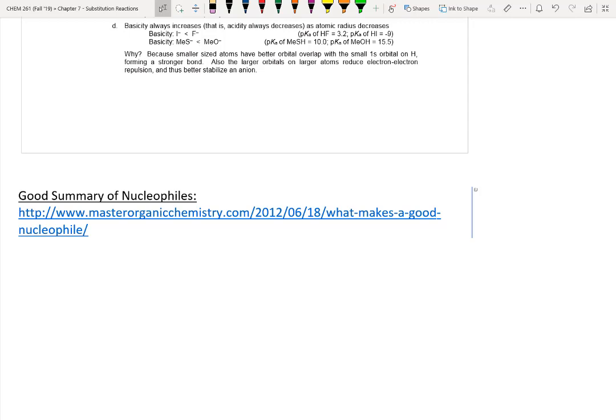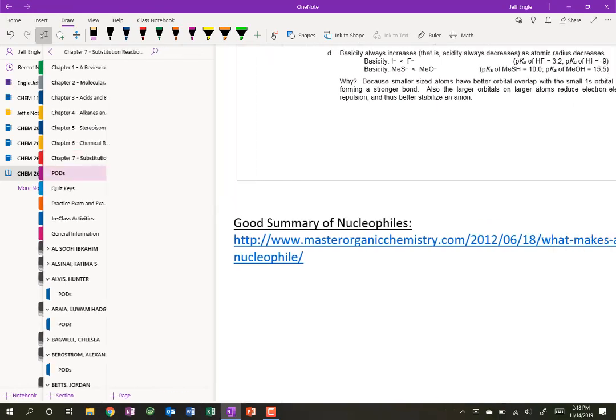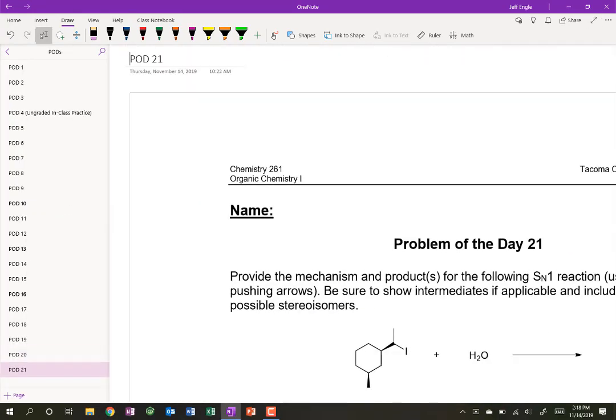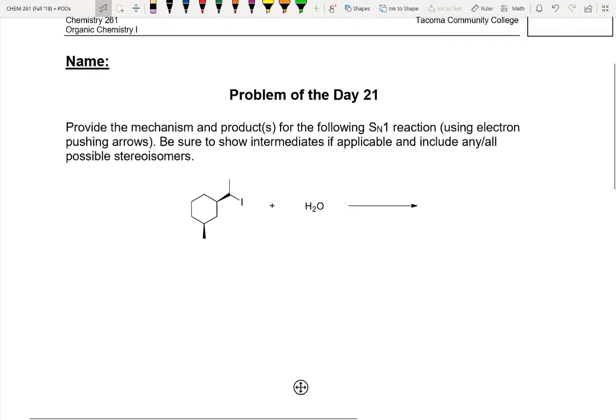I'll give you a hint on the pod though before we leave. All right, problem of the day 21. Last year, I think like a third of my class didn't read the directions. There's an SN1 reaction being discussed here. What's the first step in an SN1 reaction? Leaving group falls off.